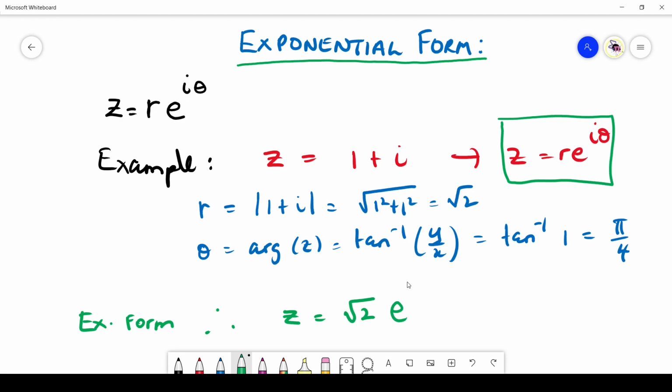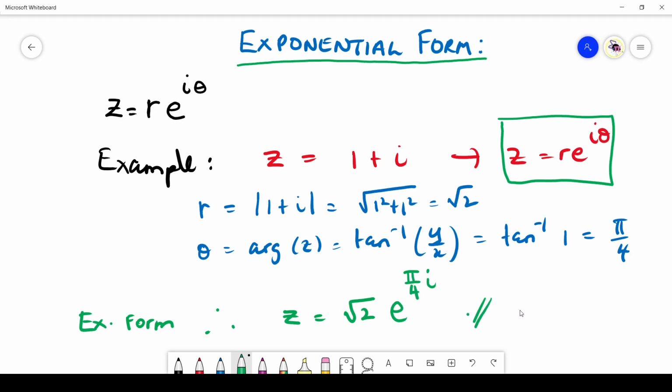So theta has a value of pi on 4, and we can write the i in front, or we can write it at the end. Now, generally it's written after for the sake of looks. So even though it's i theta in the format, you will frequently see people just switch it up when it comes to the answers. They write the angle first and then the i.